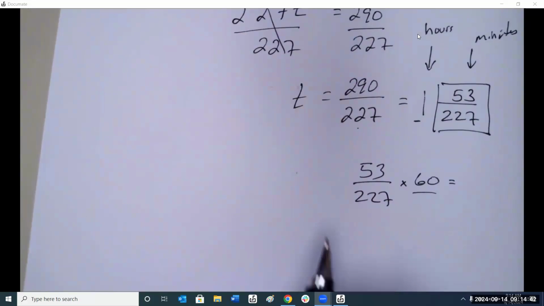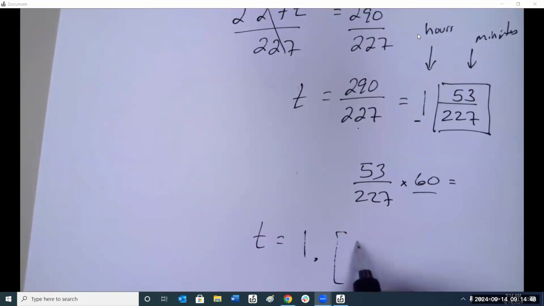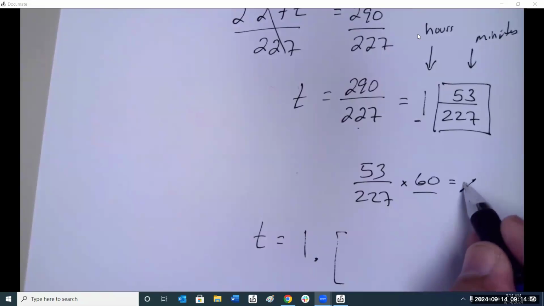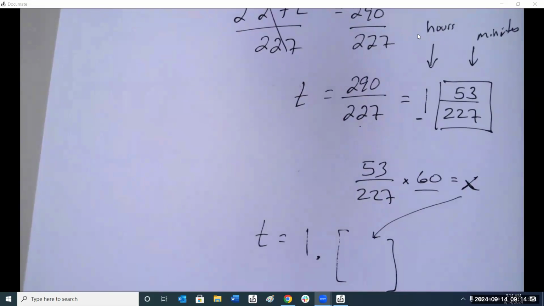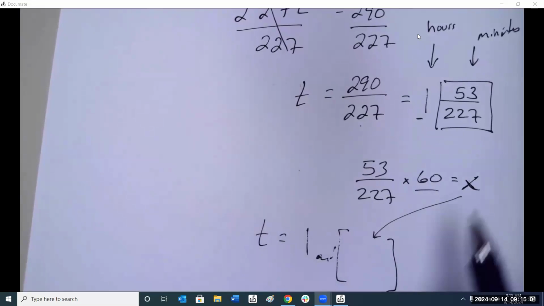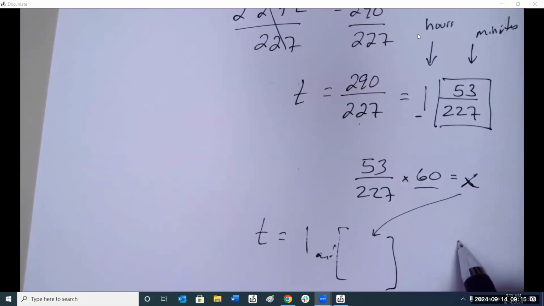This is how the answer would look if you use the calculator. So 1 point, whatever that would be, or 1 hour and that many minutes. So let's say this was 0.37.